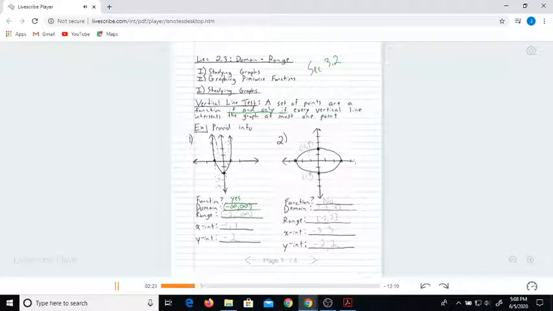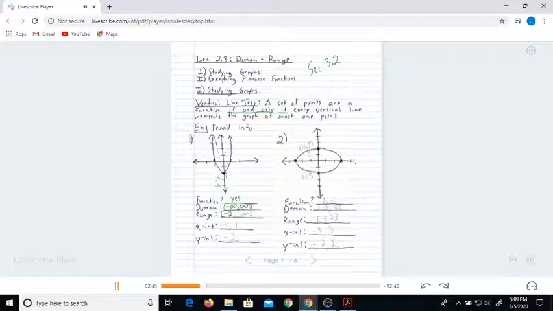The range is the same concept with y values. We want to figure out what all the y values in the graph are. The lowest this graph goes is -2. If I go down to say -3 or -4, there's nothing going on with the graph down there.